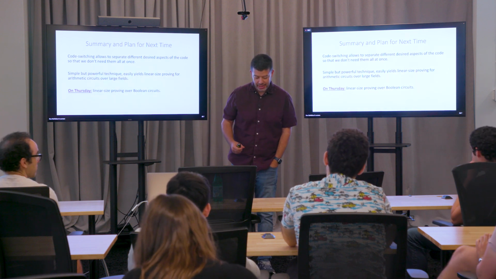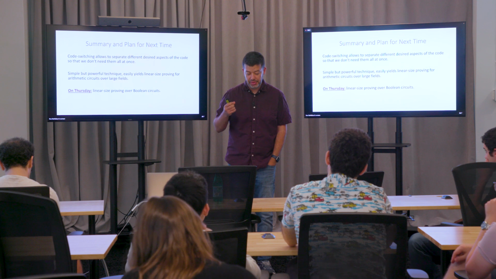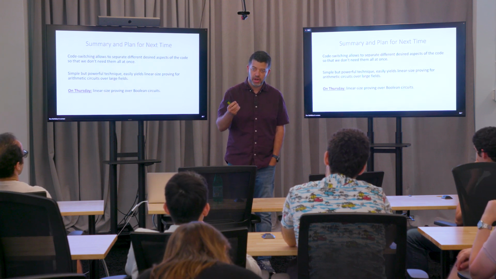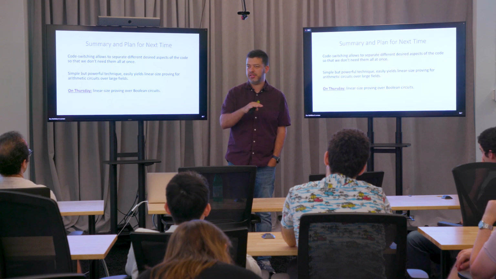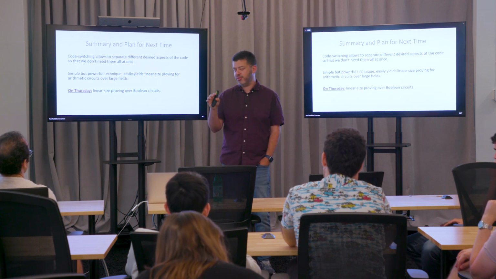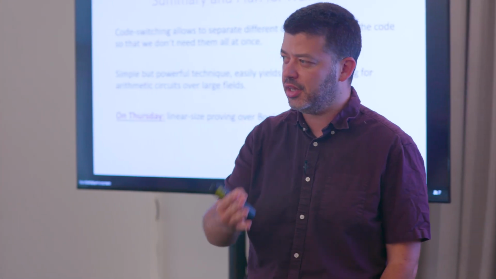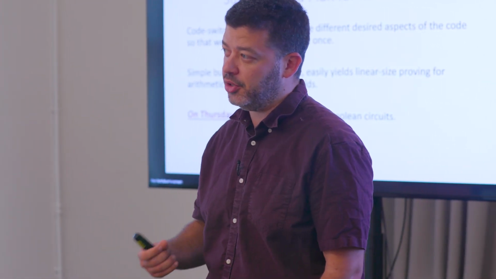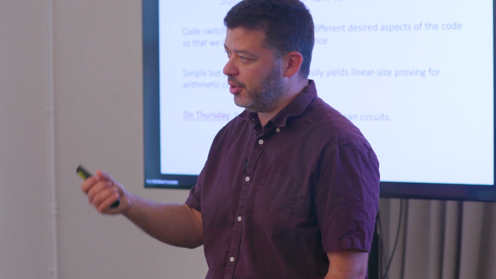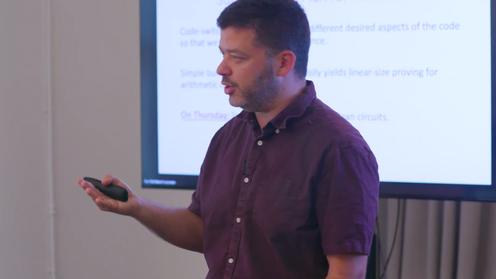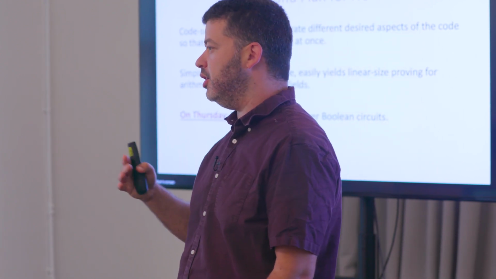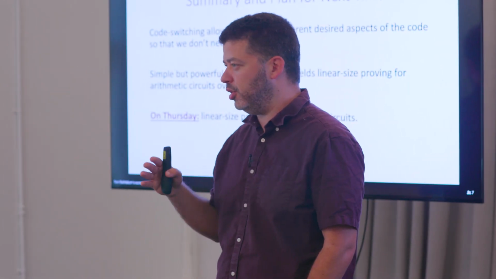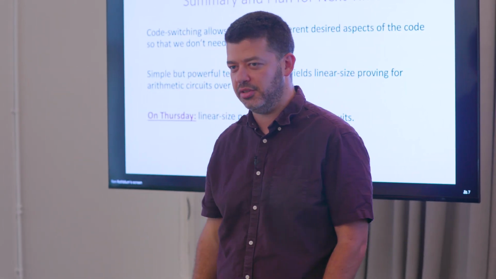I do think it's a problem, but it's a problem that people are working on using different approaches which don't necessarily focus on asymptotics, but focus on concrete efficiency. So things like Justin's lookup arguments and so on are dealing with this kind of thing. So I think it is a problem, but there is other machinery as well to deal with it, which maybe has different asymptotics or different behavior. So certainly a concern, but a concern that people are interested in. But I'll hand it off to Justin.